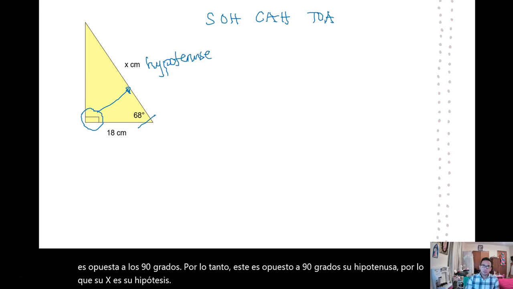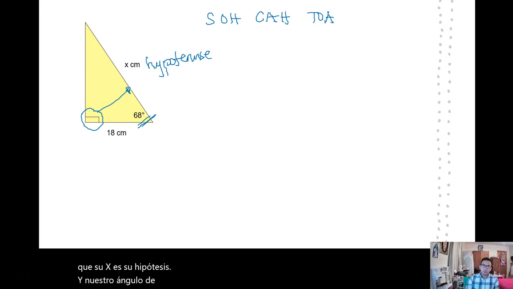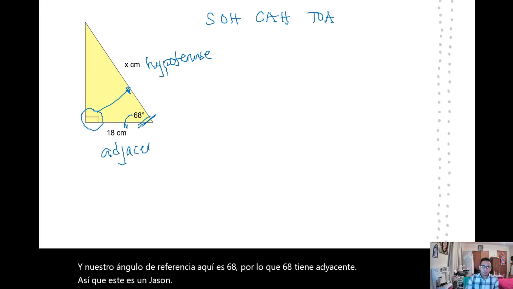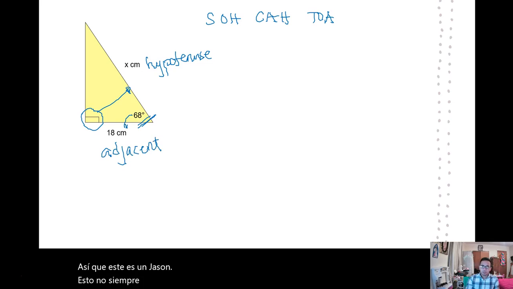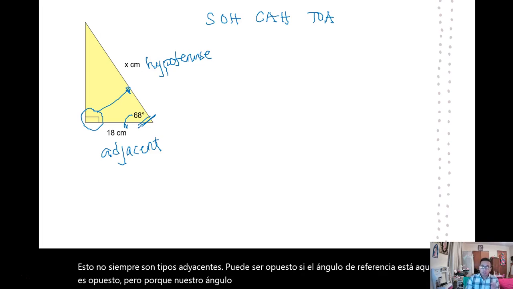And our reference angle here is 68, so this side is adjacent. This is not always the adjacent, guys. It can be opposite if the reference angle is here. But because our reference angle is 68, this will be adjacent.